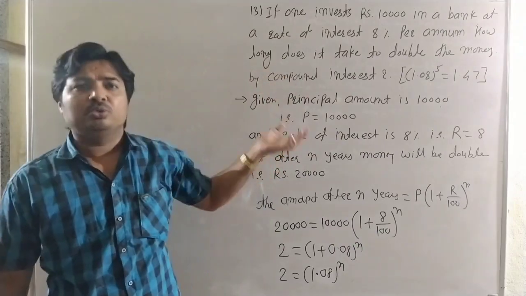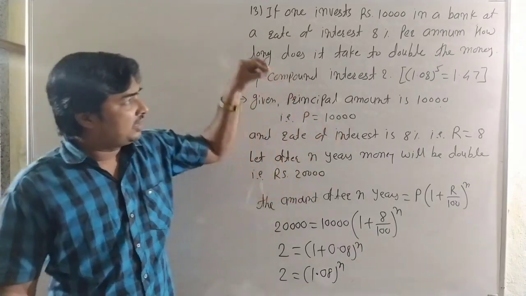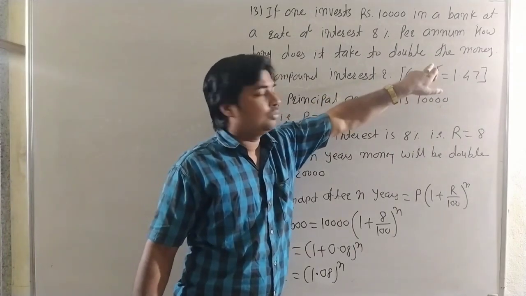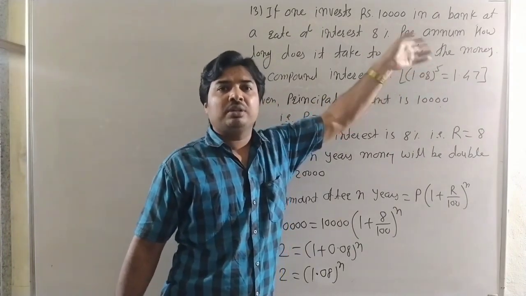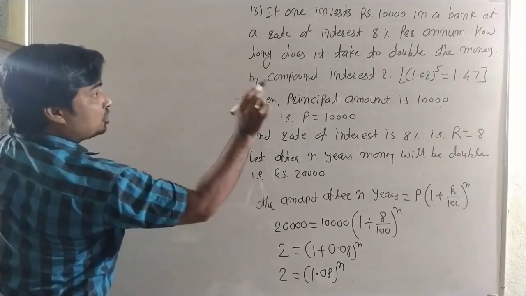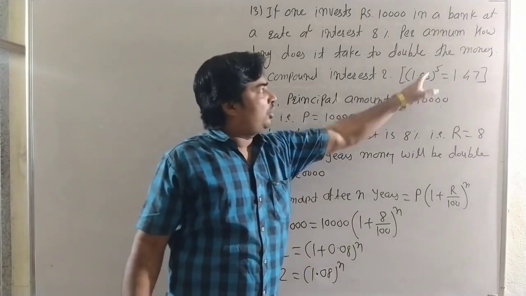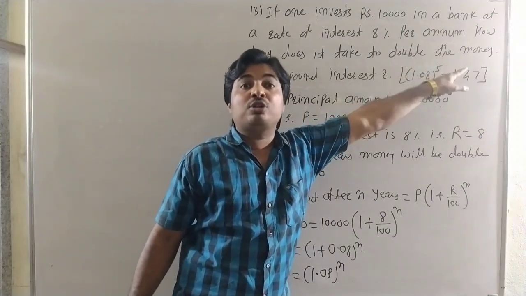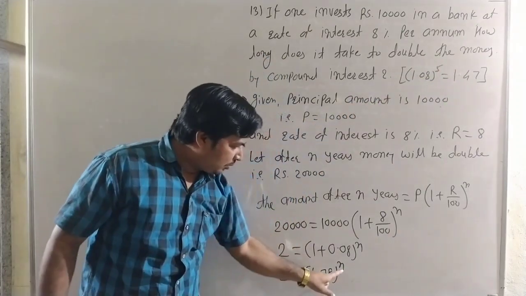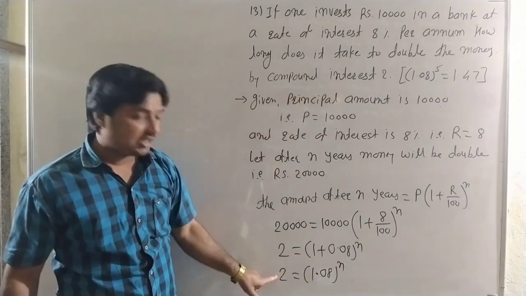More than 5, we could calculate 6, 7, 8, 9, 10. The power 10 calculation will be easy. Now we find 1.08 to the power 10. See carefully, because 1.08 to the power 5 is 1.47, which is less than 2.